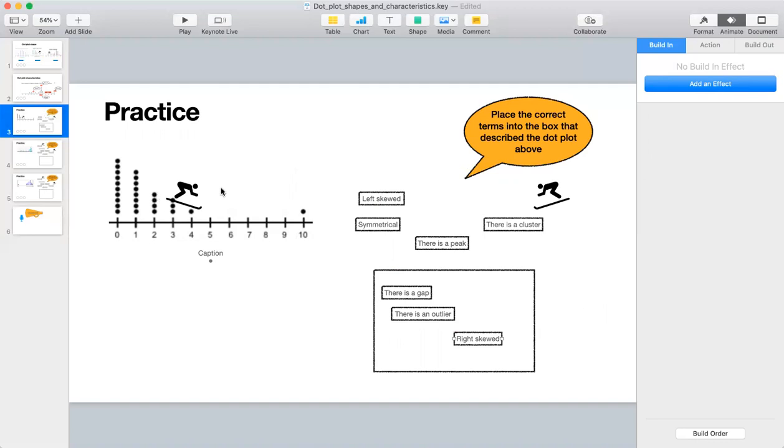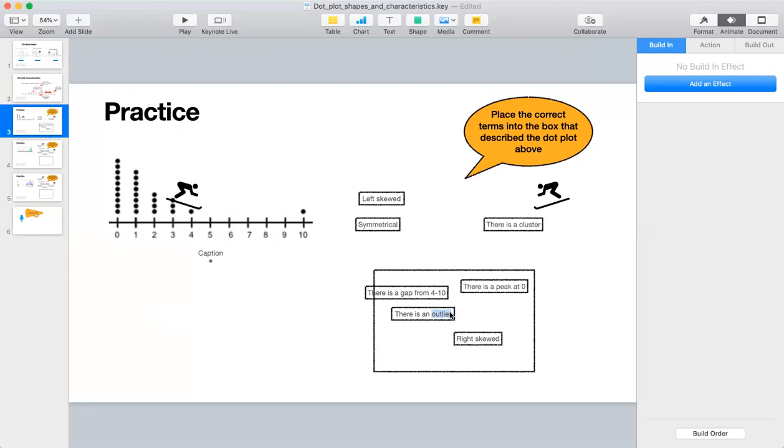Do you see any peak? Yep, there's a peak right here. We can say peak at 0. Okay, there's a gap from 4 to 10.